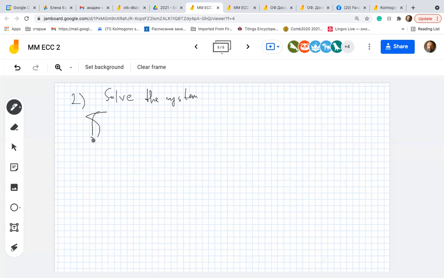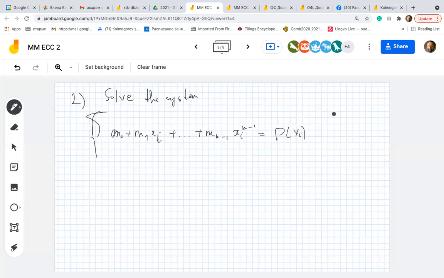For each xi, we just write the formal expression m0 plus m1 xi plus and so on plus m(k minus 1) times xi to the k minus 1 is equal to p of xi.